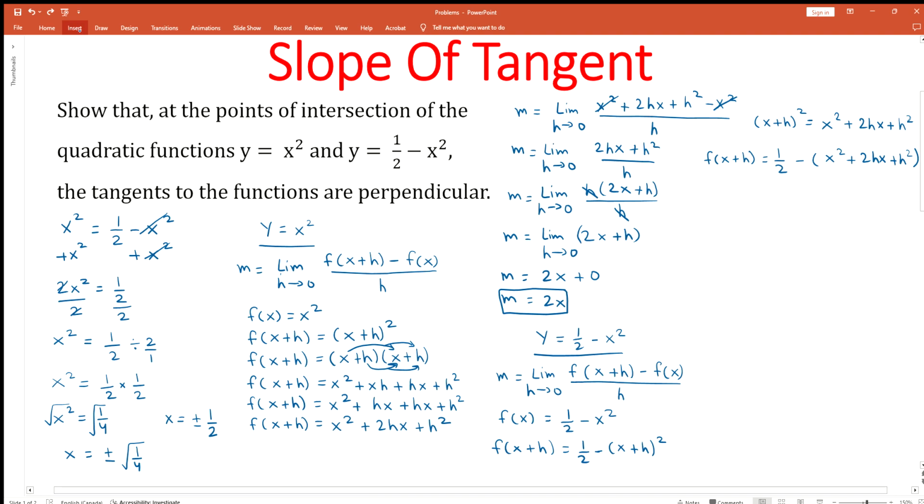Now we can sub in the expression for f at x and f at x plus h in the limit formula for slope of tangent. Next, we can get rid of the parentheses in the numerator.